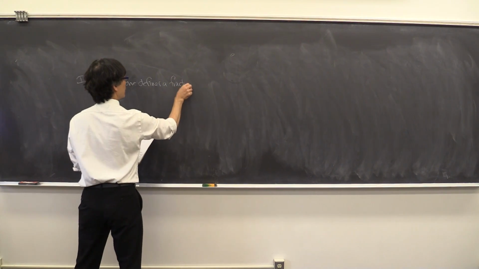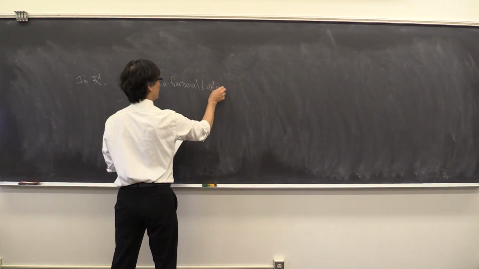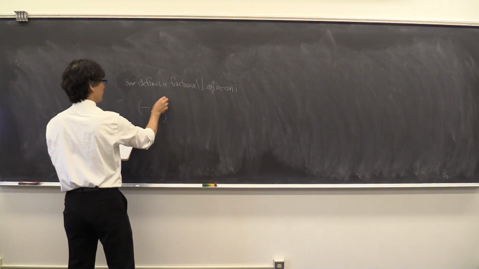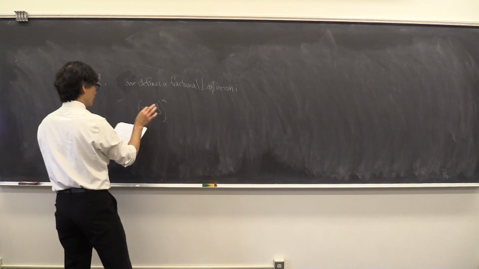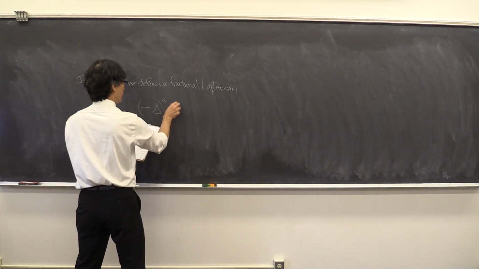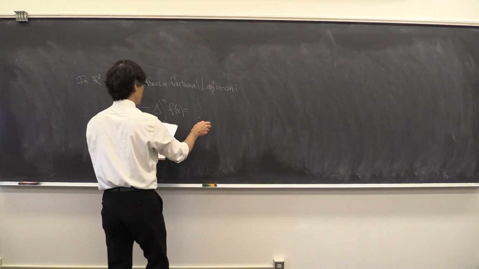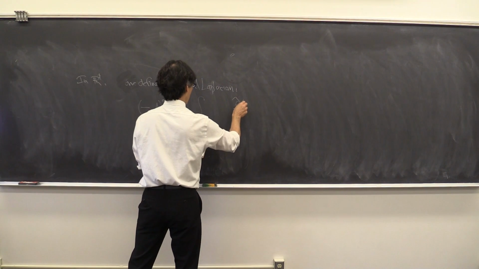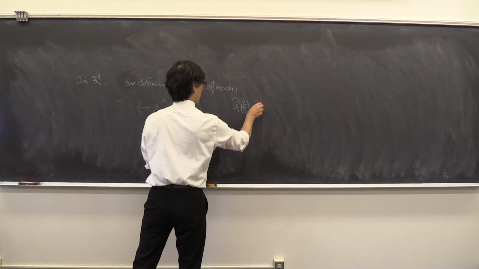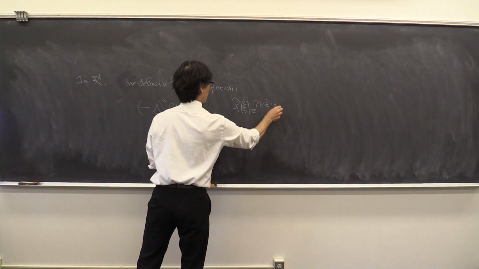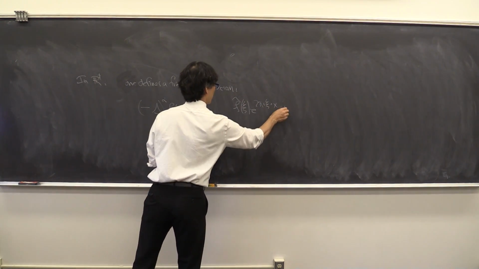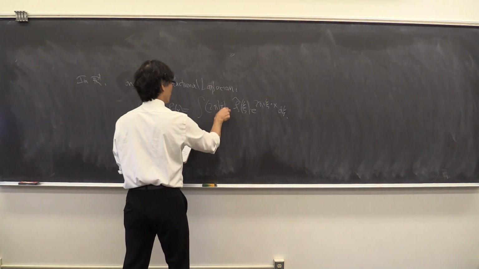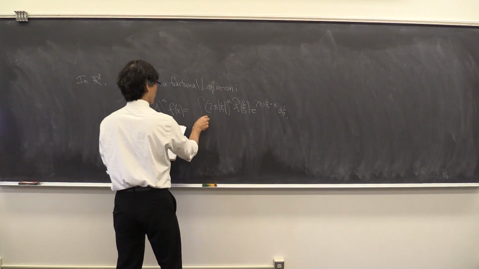The fractional Laplacian, negative Laplacian to the alpha of f of x equals the integral of f hat of xi, e to the 2 pi i xi dot x d xi, times 2 pi absolute value of xi to the alpha, over R^d.